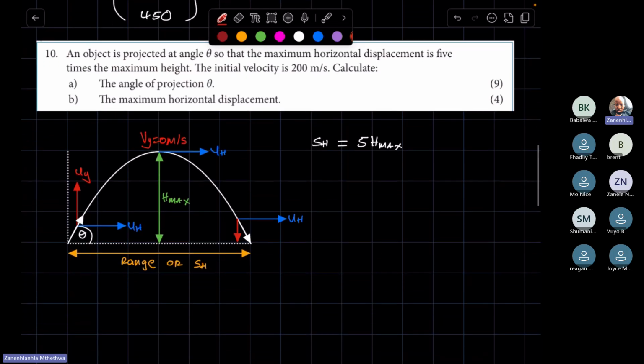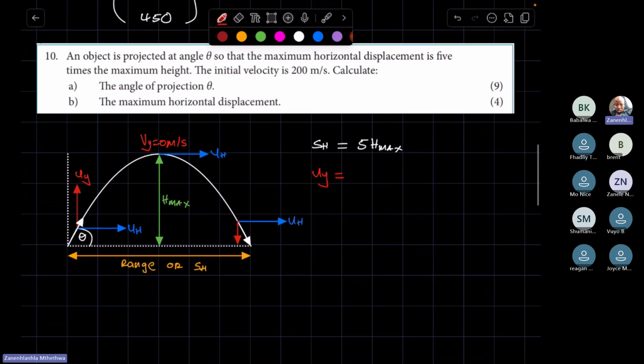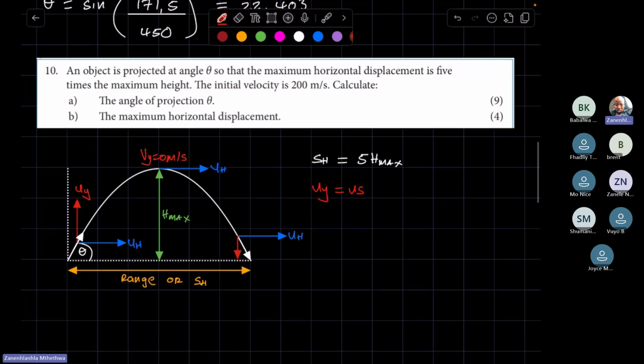If that's the case, it means Uy, being U sine theta, is equal to 200 sine theta. And then UH, being equal to U cos theta, is going to be 200 cos theta.